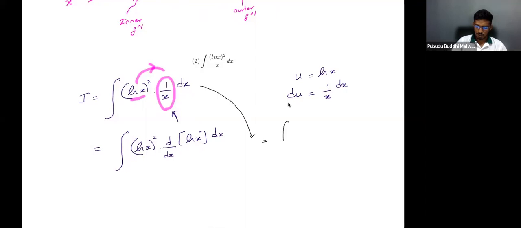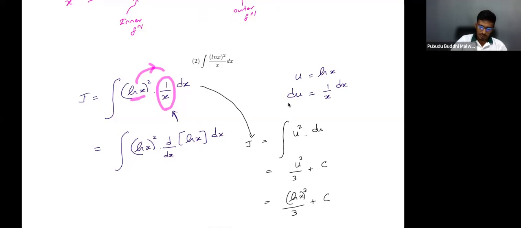Equal to u squared du. So J equals this. We can integrate: u to the power of 3 over 3 plus c, and u equals natural log of x. That's the answer. Right?